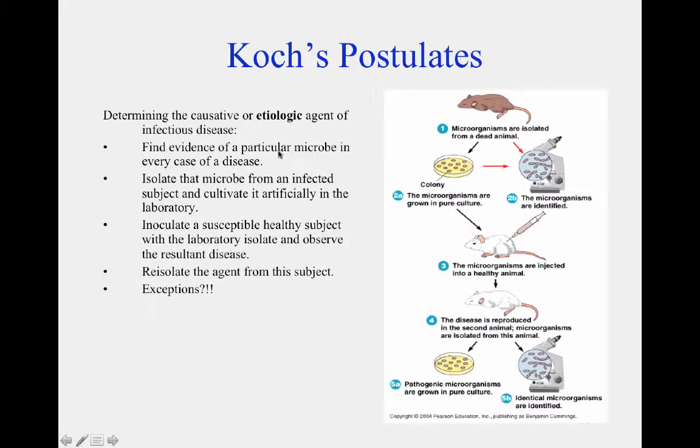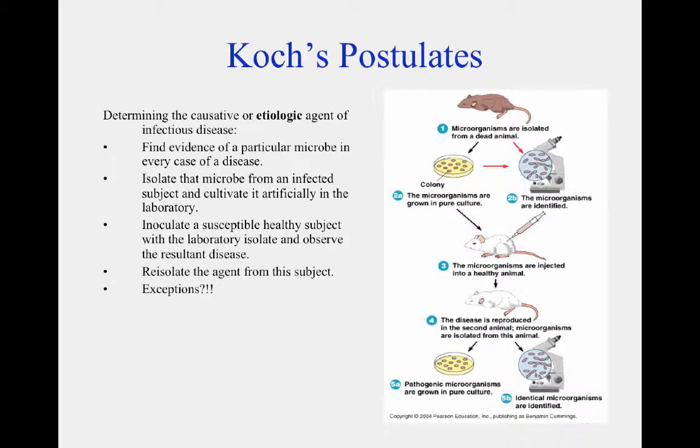He then said you should be able to take the microbe out of sick people and grow it in the lab, cultivate it in the laboratory environment. So take it out of that sick individual, isolate it, inoculate a sterile flask of media or a sterile culture tube, and let it grow. Then after you culture it, you should be able to inoculate or infect a healthy host, which we don't do with people.